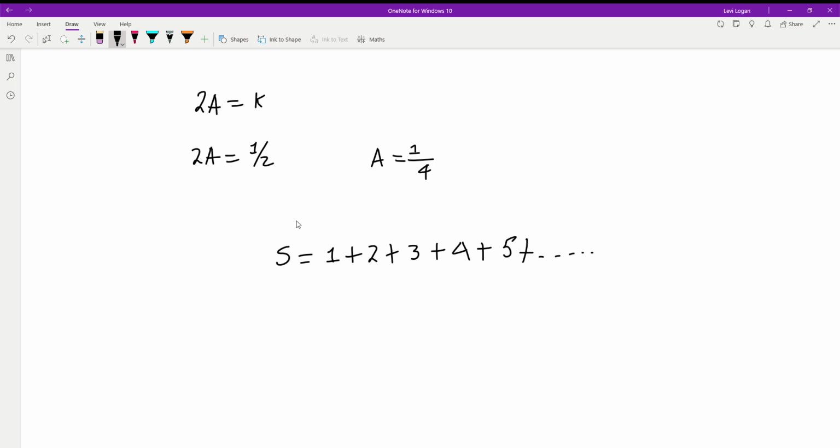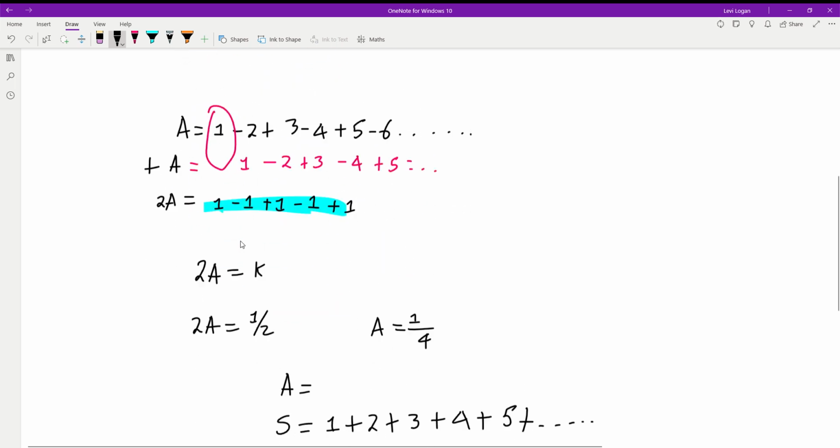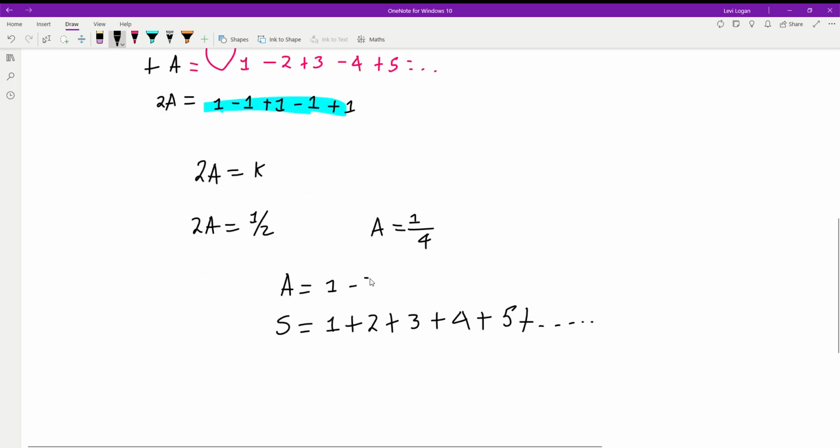And let's consider our series A. A we said was, what was it? 1 minus 2 plus 3 minus 4 plus 5. What we're going to do is take our sum S and minus A, so minus all these from this.